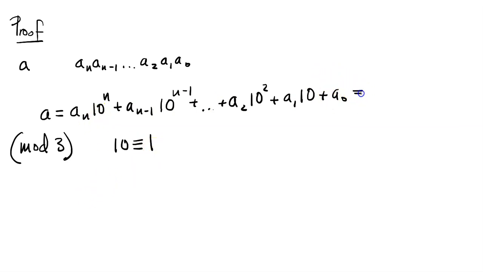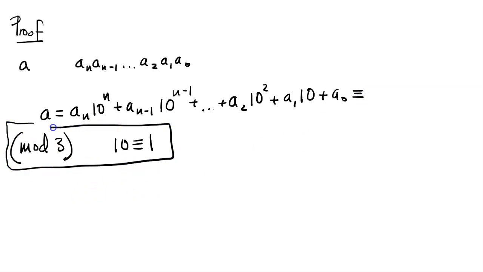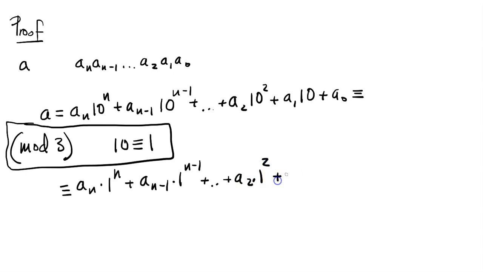So this is congruent with a_n times 1 raised to the power n, plus a_(n-1) times 1, and so on, a2 times 1 squared, a1 times 1, plus a0.